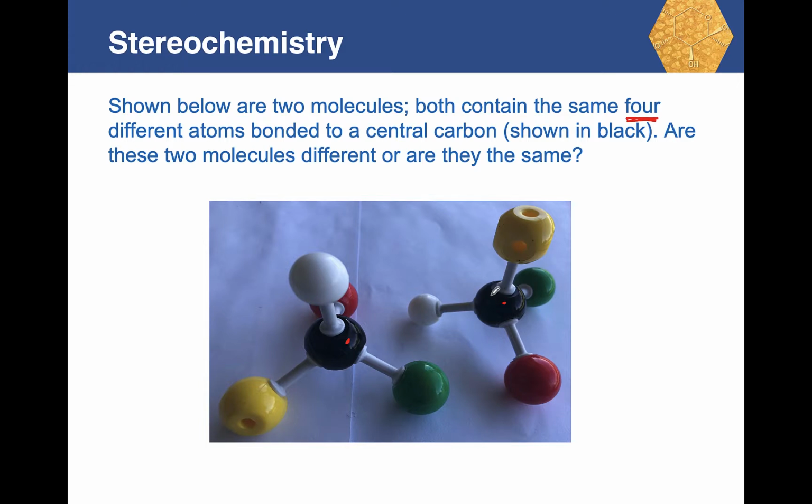So let us introduce here a criterion to determine if these 2 molecules are the same or different. Once we have understood this criterion, we can apply it to different molecules.